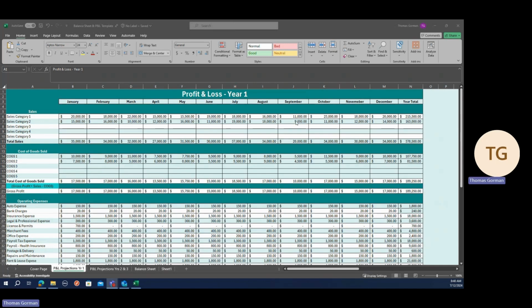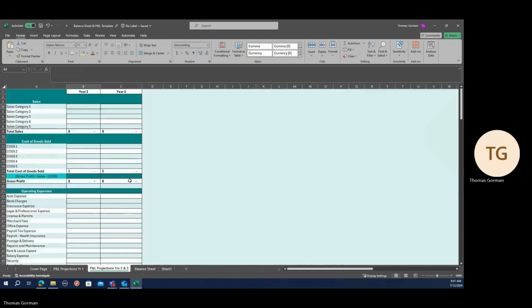So, if this is a startup and we want to say that next year the revenue will increase by 10%, then we need to show the sales data from category one, product one, represented by an increase of 10% on year two. So how do we do that? Well, let's do it. We're going to go to year two, sales category one, and begin by going equals.